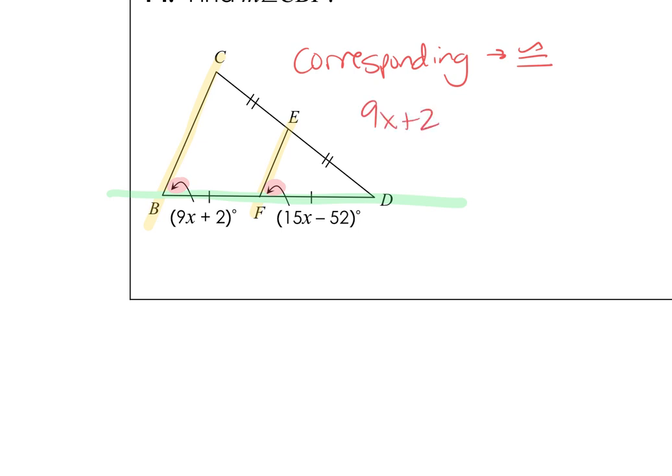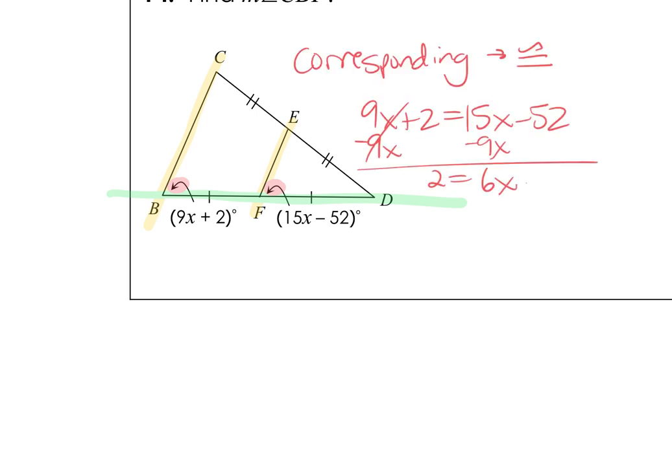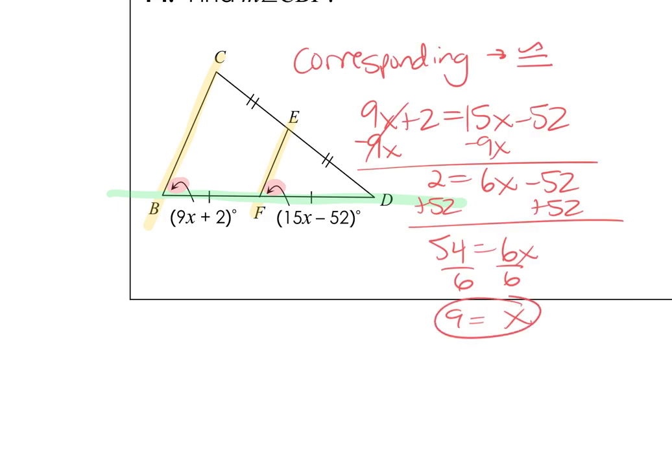So your equation is 9x plus 2 equals 15x minus 52. Now you go through and solve. We get x is 9.